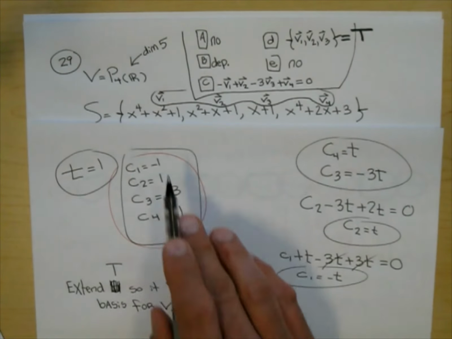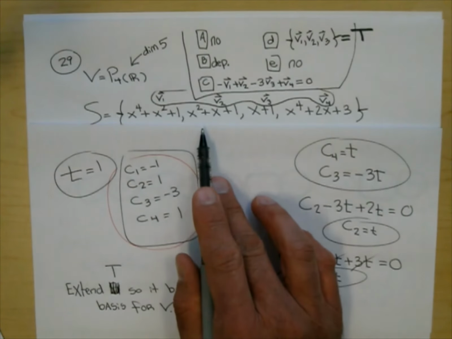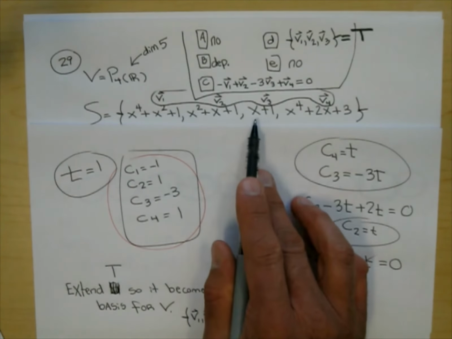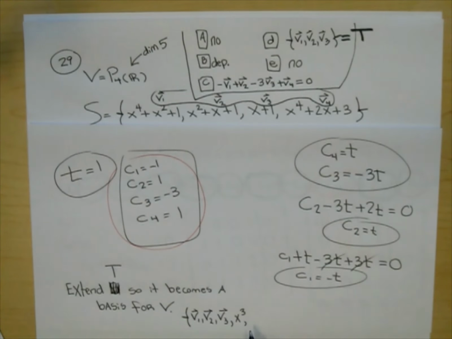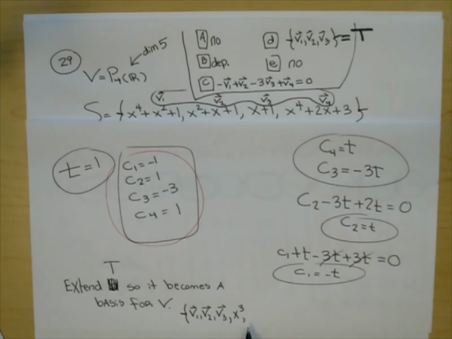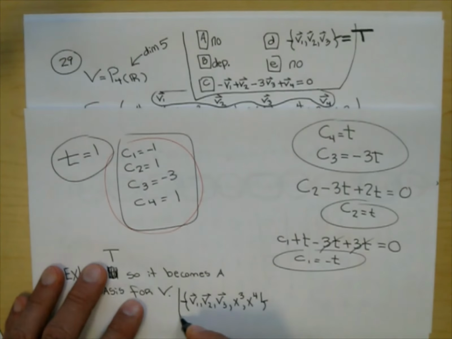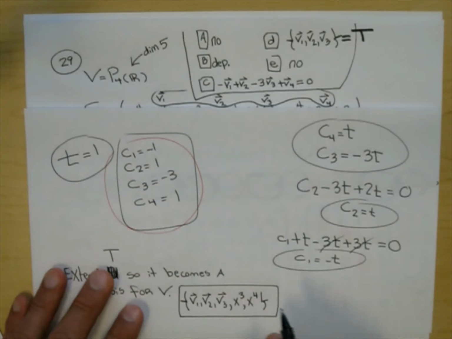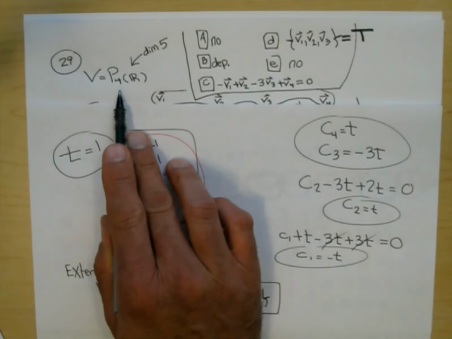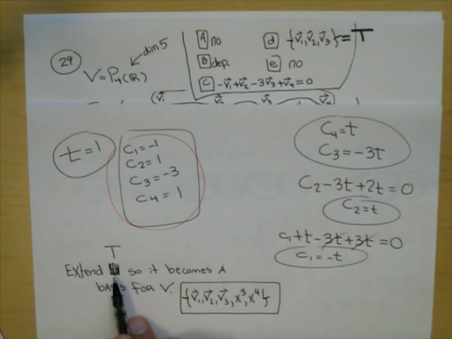Now on these vectors, I do see an x to the 4th, and I do see an x squared, I do see an x, I do see a 1. So for this, and this is going to make some of you feel uncomfortable, it doesn't matter which other element I'm going to throw in there. I'm going to throw in an x to the 4th. And that there should be a basis for P4. Okay. So I'm sorry I confused you if I said extend S.